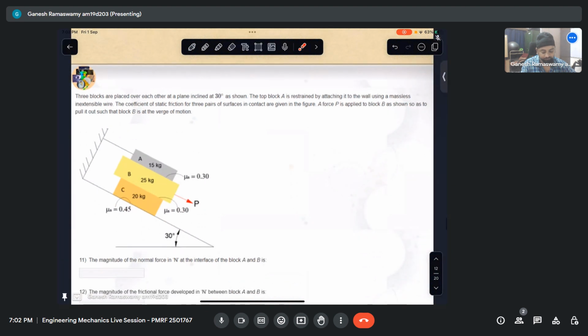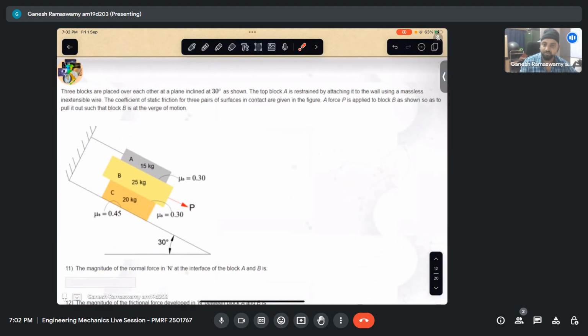So let us look at this question. Three blocks are placed over each other on a plane inclined at 30 degrees. So we have a plane that is inclined at 30 degrees, and then we have three boxes placed like that, out of which the top box is clamped to the wall with the help of a string, a massless inextensible wire.